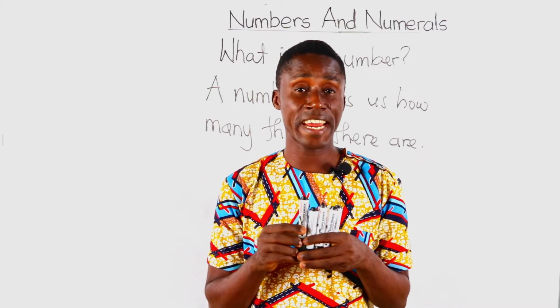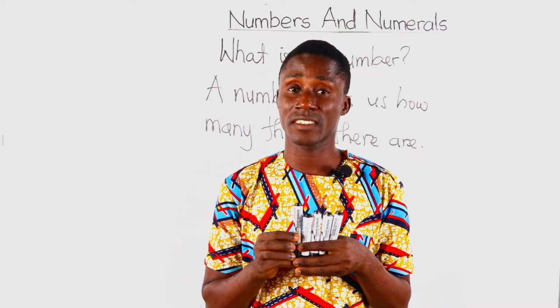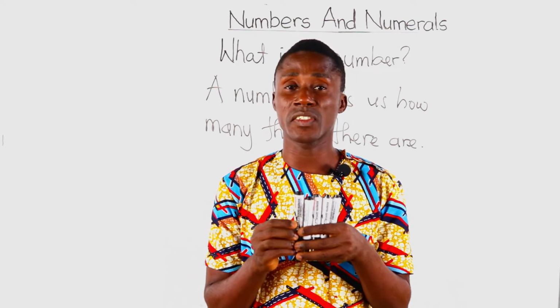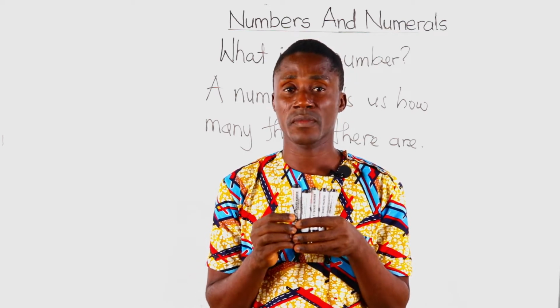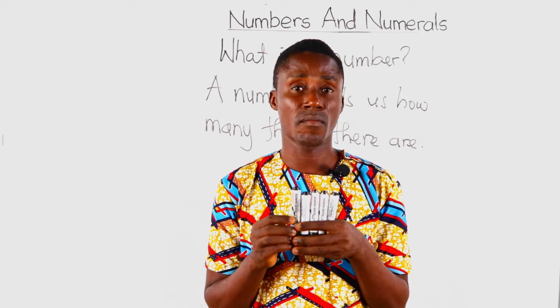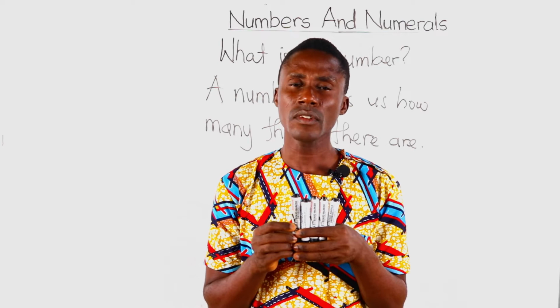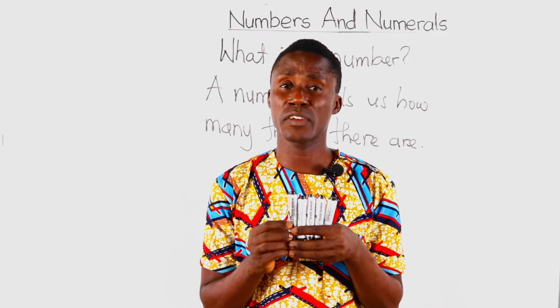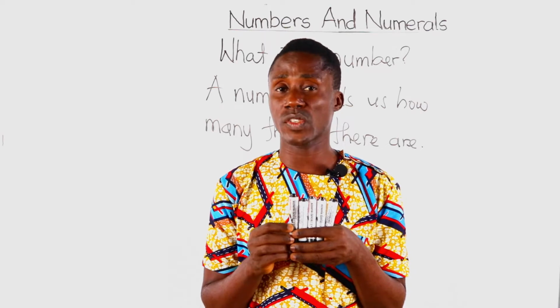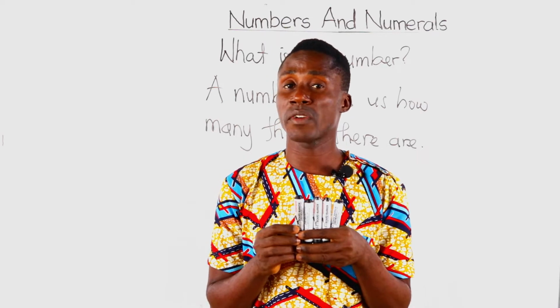So what have I just done? What I've done right now is called counting. I have counted the number of things that I have here. And the things that I'm counting are called what? Markers, okay? And we counted 5 of them. And so the number 5 is telling us that we have how many markers?